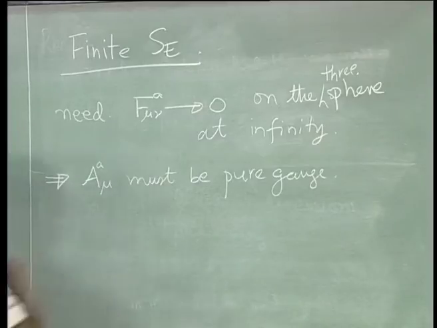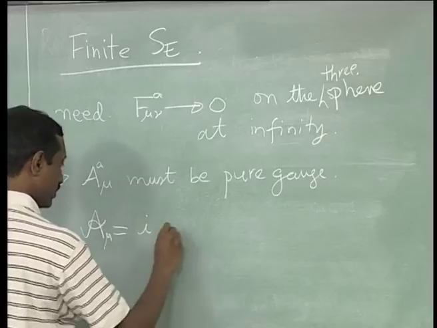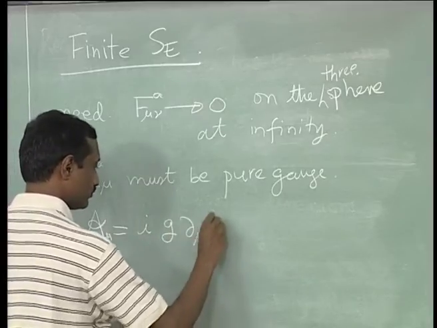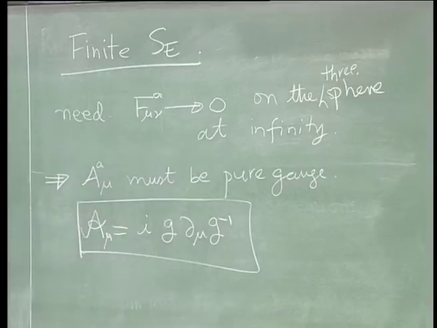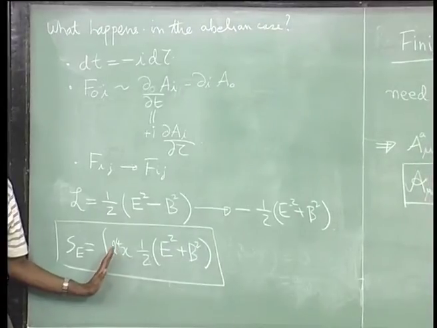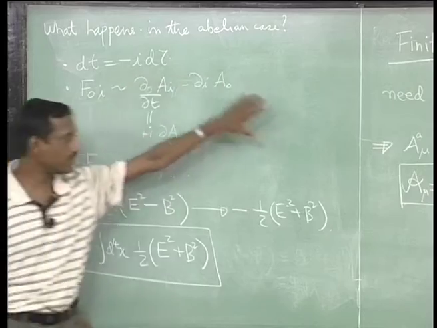So we just go ahead and write A_mu in that form, at least this is what should happen for large r. And it is a 3-sphere because this is in 4 dimensions. There is nothing deep about the whole thing.